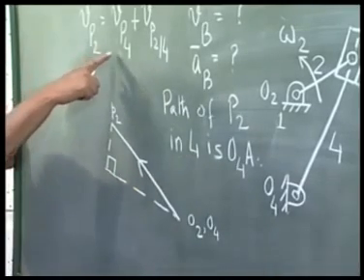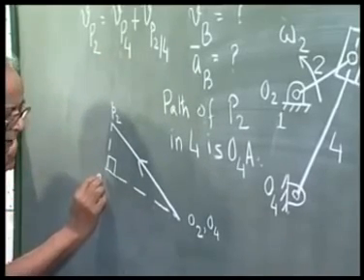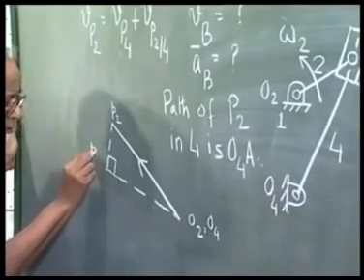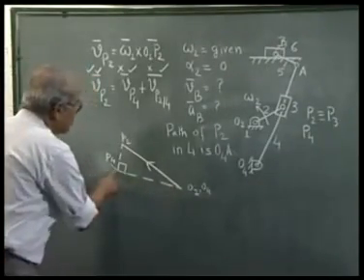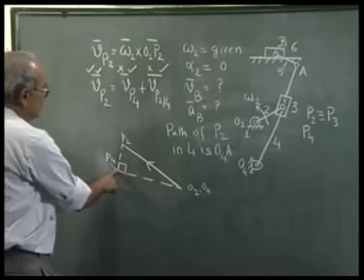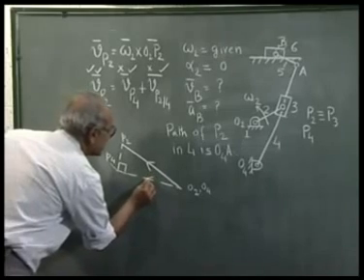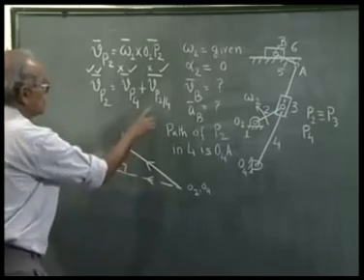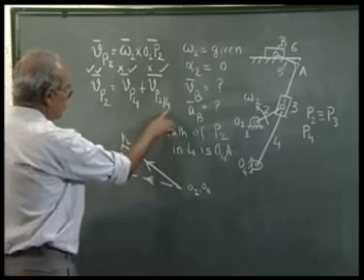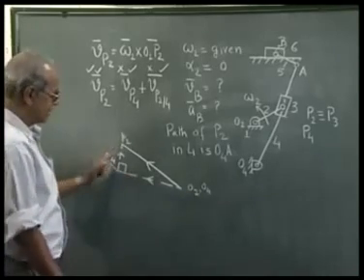So, to satisfy this vector equation, this point must be P4. So, this point we denote by p4 because o4 p4 represents the velocity Vp4. So, this vector represents Vp4 and this vector p4 p2 represents Vp24. So, we have reached up to this stage of the velocity analysis.